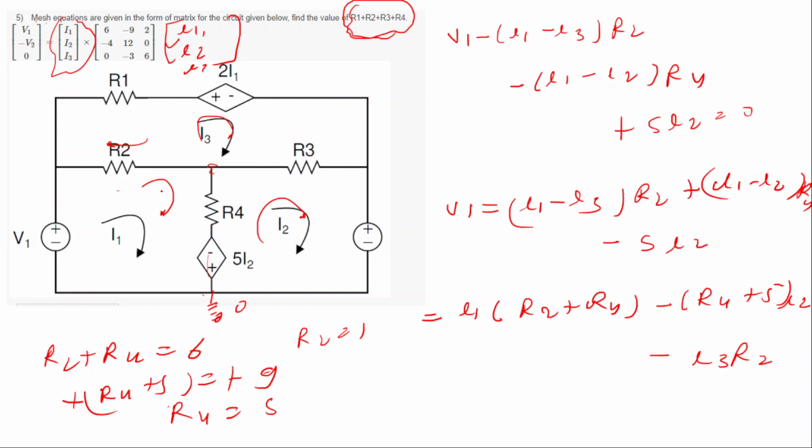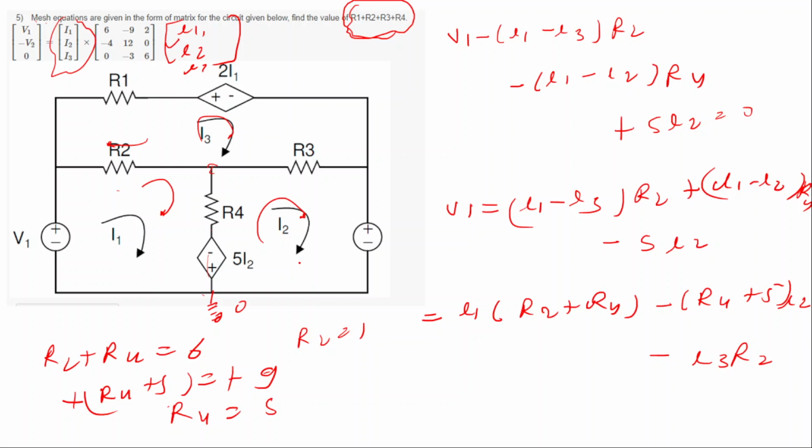Just wait for a minute. No, the equation is correct. I also get the same equation. Minus R4 times I1, minus R4 plus 5 times I2, minus R3, which is V1. That answer is correct. Yeah, I got confused. The equation is 100% correct.